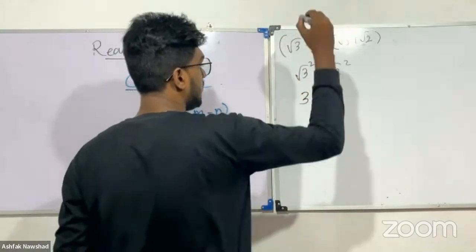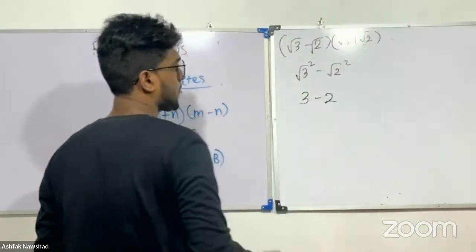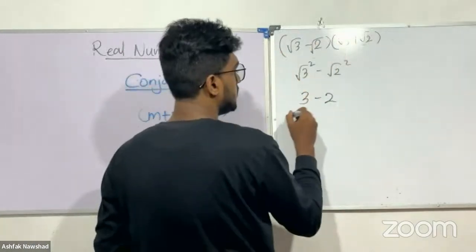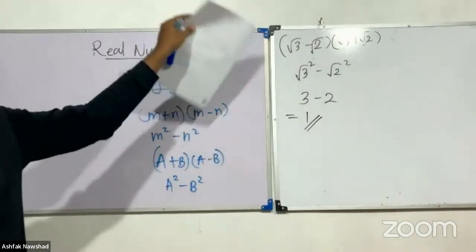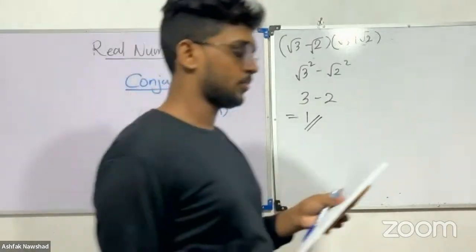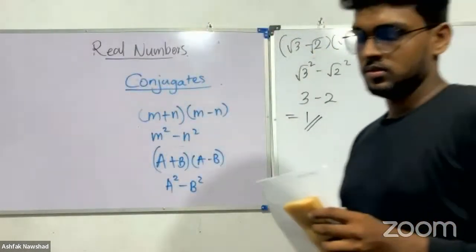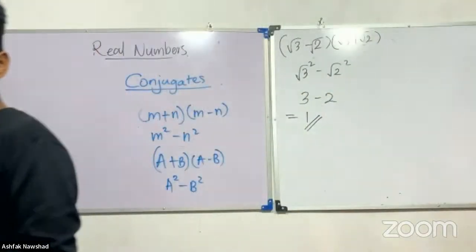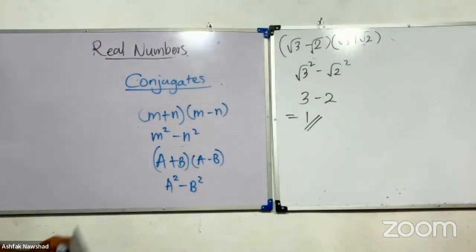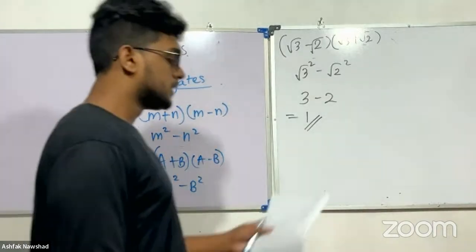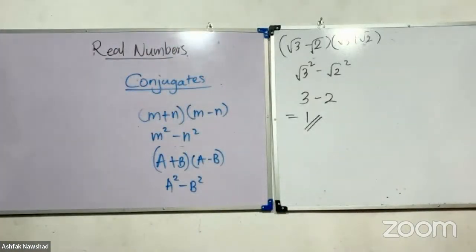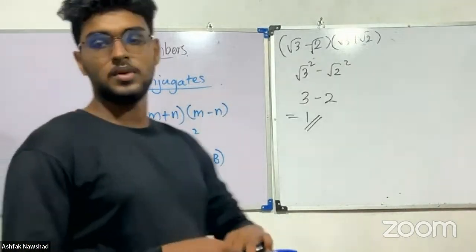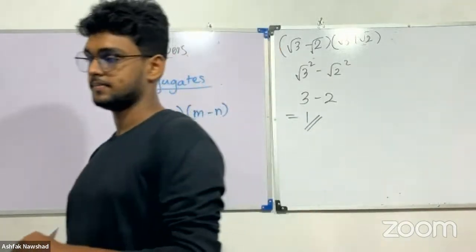Root 3 squared is just 3, and root 2 squared is just 2, so the answer is 1. Did you understand this? Is this clear? Okay. So what would be the answer for the next one? Root 6 plus root 5 and root 6 minus root 5. What would be the answer for that?